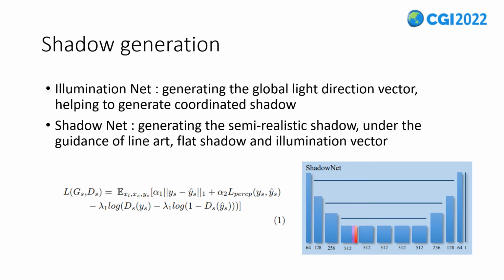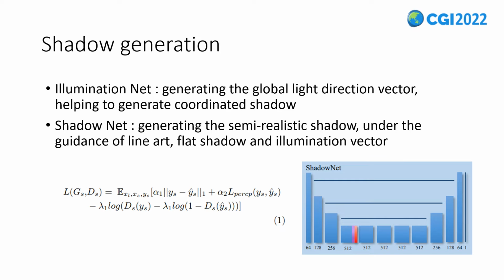For the coordination of the shadow net, we add the global light vector to the end of the downsampling layer, because local information may affect the global shadow generation. So we add the self-attention layer to the network, just as the purple bar shown on the picture.